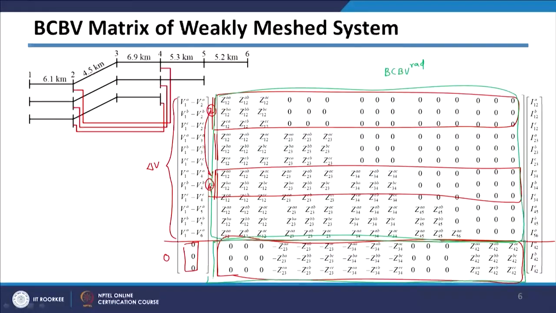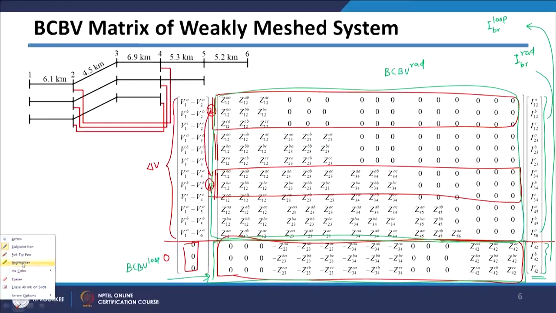So, this bottom part will be called BCBV loop, and this again branch currents. So, this part is branch current corresponding to radial, and this part is loop current. So, this part I am just writing it here. If you take it here, it will be I BR corresponding to loop.